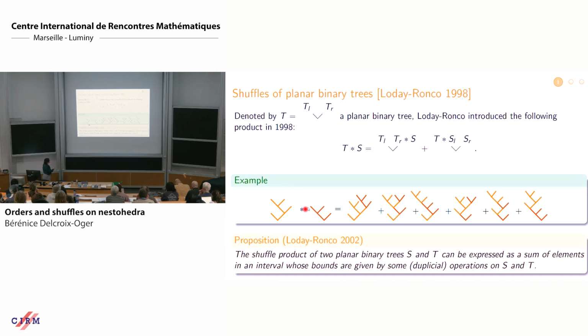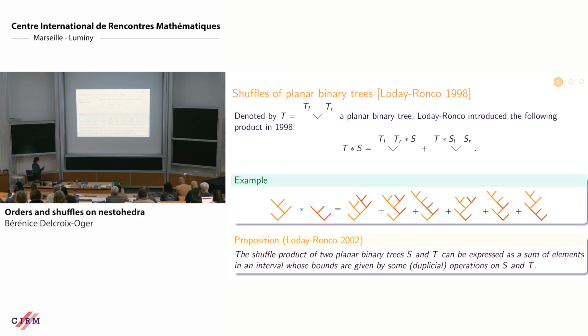The shuffle of this tree and this tree is obtained by summing over all the ways to shuffle elements on this right branch with elements on this left branch. And here you get 6 terms.